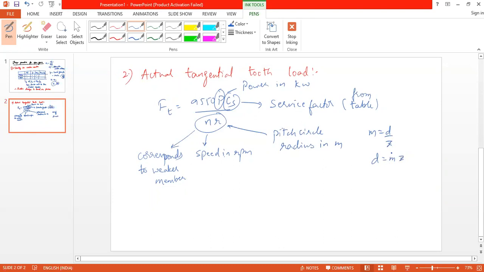Most of the cases, you will not find the value of module, so you need to find out the value of module. M will be unknown, so you will get the value of Ft in terms of module, and the unit of Ft, tangential load, is Newton.